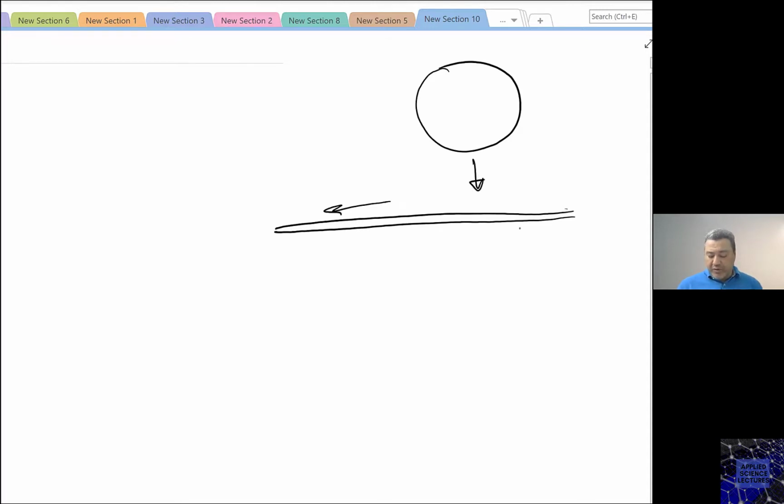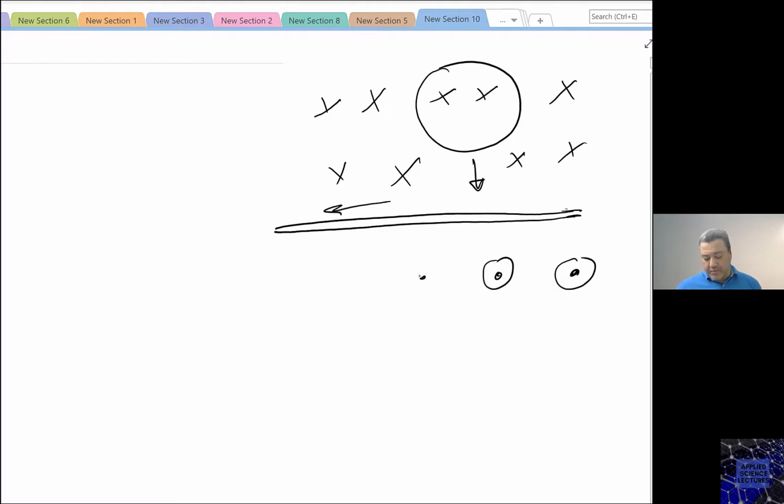Now, based on the right hand rule, the magnetic field in this case would be into the page above the wire and would be out of the page below the wire.